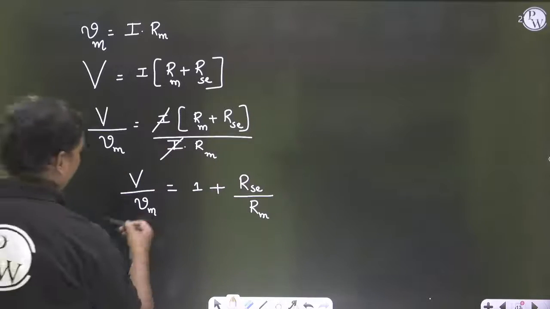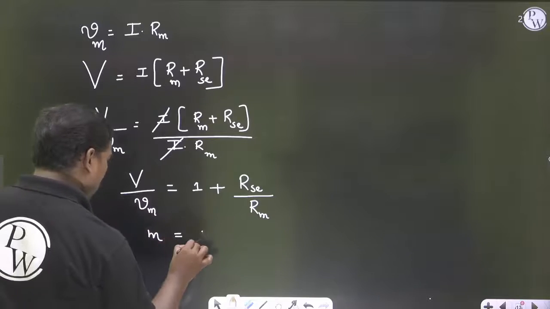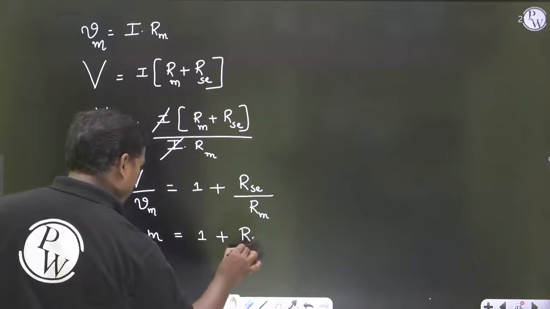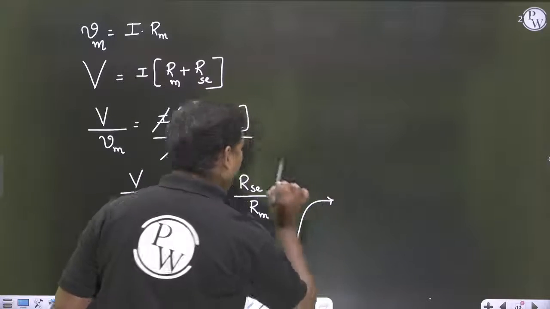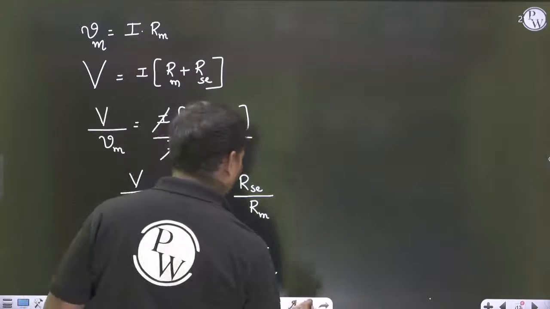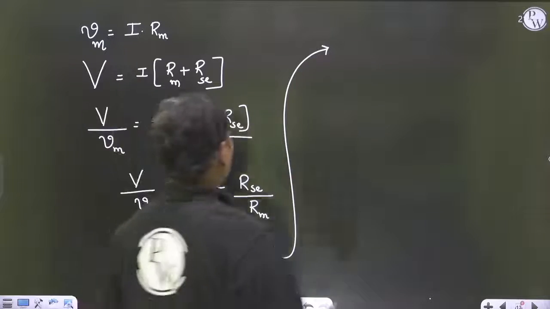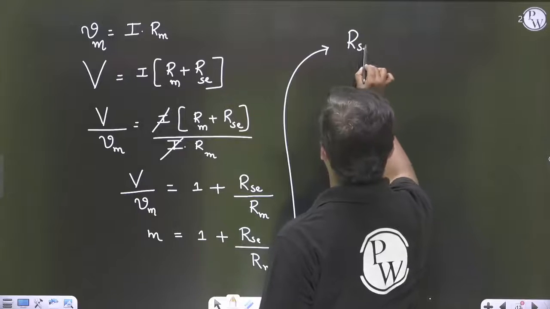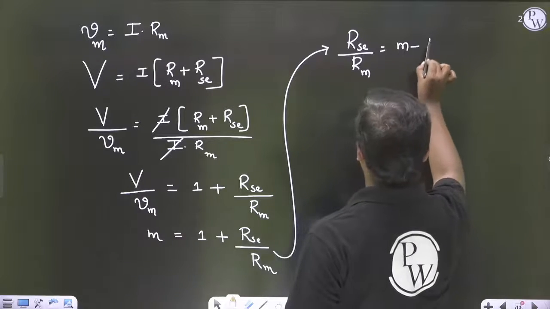So if you take this as M, M is equal to 1 plus Rsc by Rm. So from this, Rsc by Rm is equal to M minus 1.